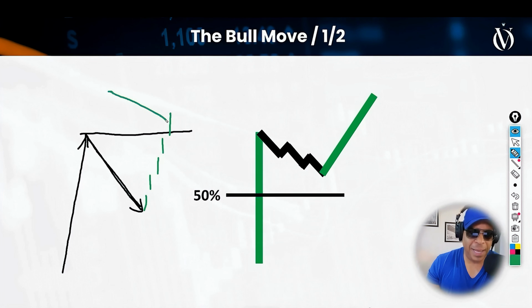By the time it's making the new high, it has already expended energy. It's already put effort in. And by the time the new high happens, a portion of its energy has been spent.